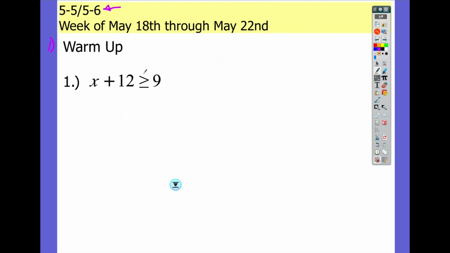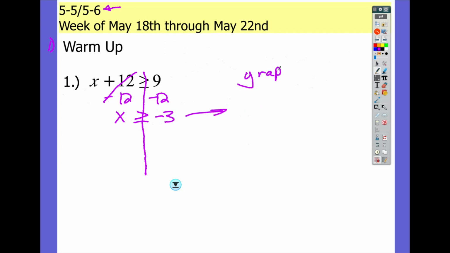What we're going to do is balance it out just like we do if this were an equal sign. We'll undo the addition, subtract off 12 from both sides, cancel it out on the left-hand side, and we get x is greater than or equal to negative 3. Then we graph our solutions.